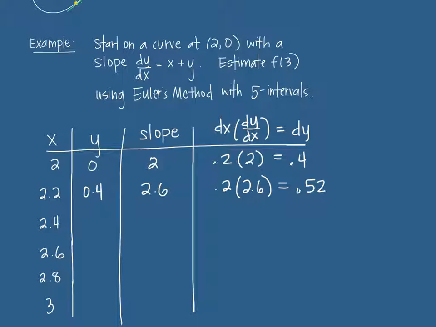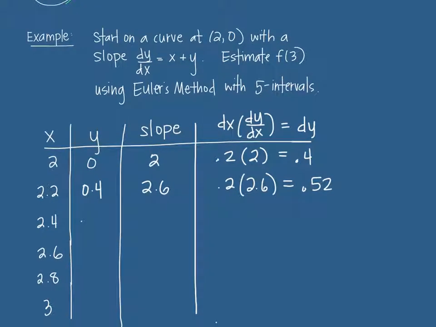That's how much our y should change. So what will our new y be? 0.92. We're adding it to what we had before. Take the 0.4 that you used to have, and you add 0.52.